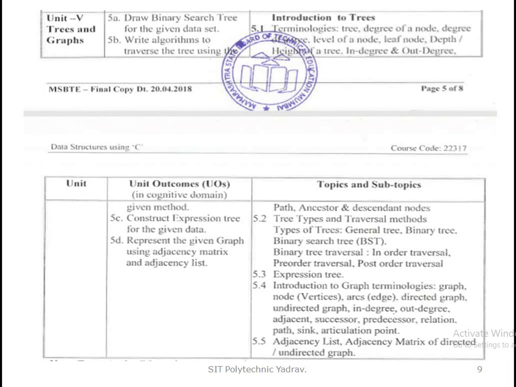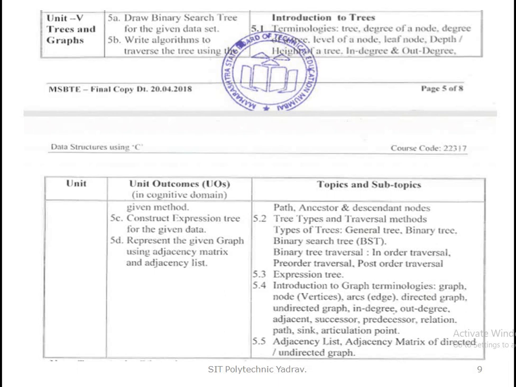Next, 5.2, tree types and traversal methods. Types of trees: general tree, binary search tree, that is BST, binary tree traversal, in-order traversal, pre-order traversal, post-order traversal.